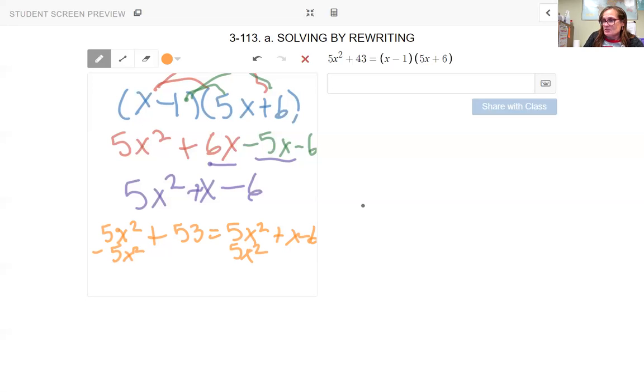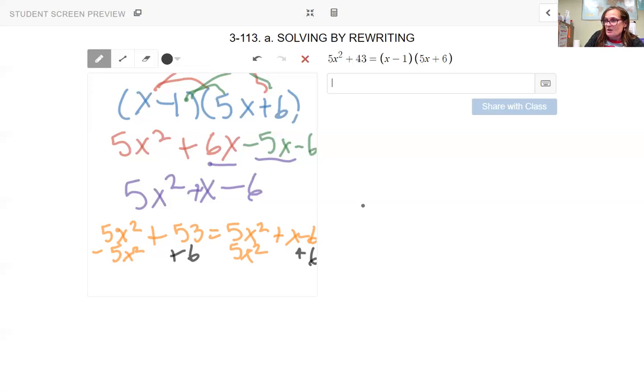Okay, so now we have on this side 43 equals x minus 6. All right, I think what I'm going to do now is add 6 to both sides. So I can add 6 to the -6, and I can add 6 to the 43. Oh, that's supposed to be a 43, I'd written 53.